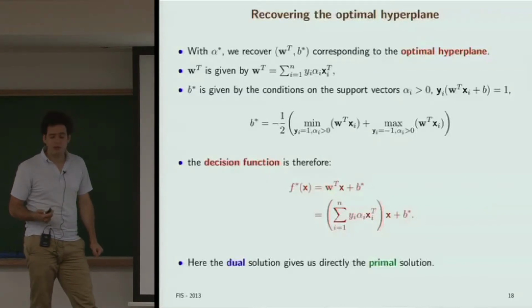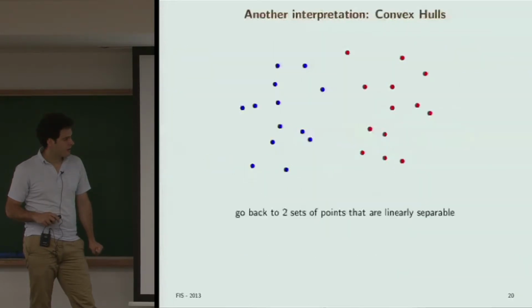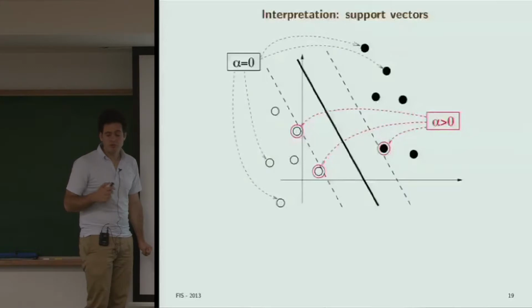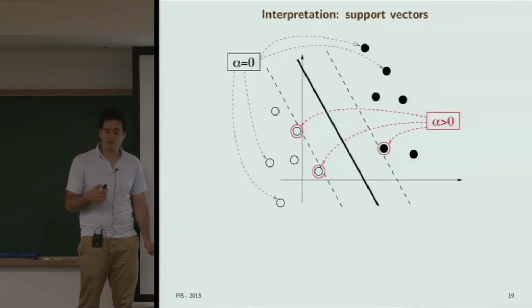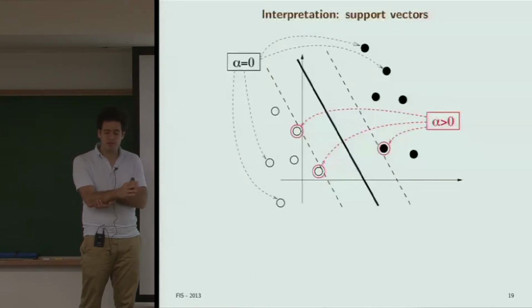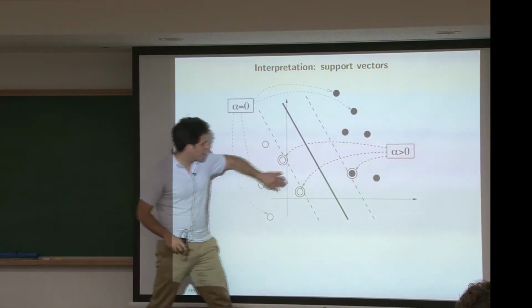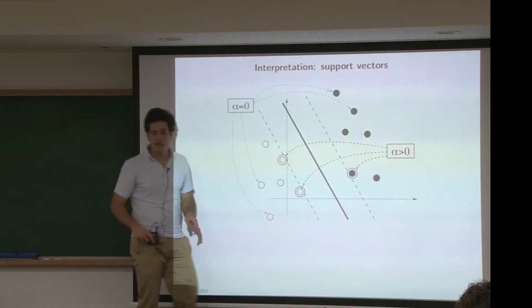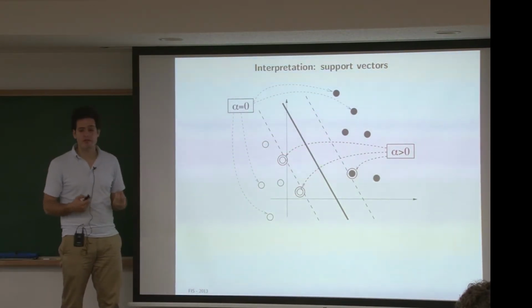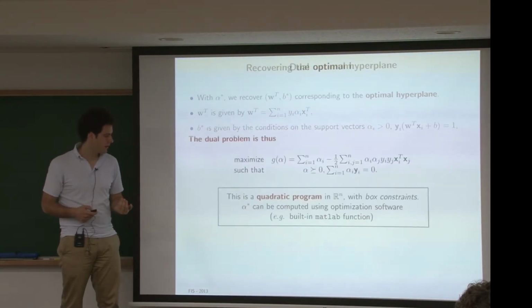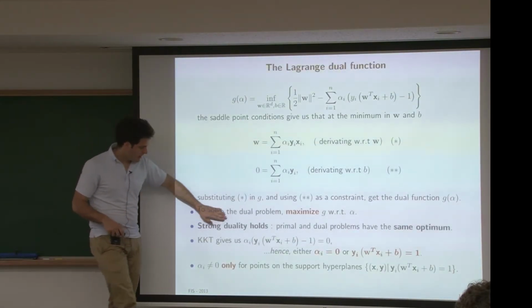And what we have through Karush-Kuhn-Tucker conditions is that if yi times (w transpose x plus b) minus 1 is strictly positive, that is, if the point is outside of the tube, then the contribution to w is 0. Let me say it again.